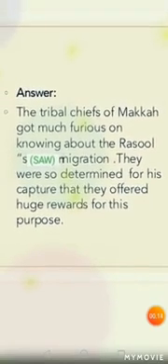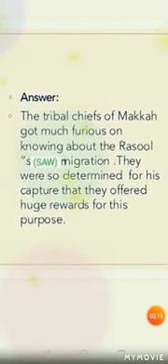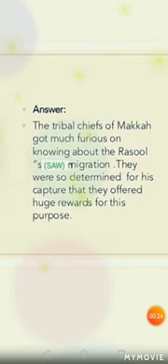Answer: the tribal chiefs of Makkah got very furious on knowing about the Rasul's sallallahu alaihi wasallam migration. They were so determined for his capture that they offered huge rewards for this purpose. The answer shows the way or the solution with which they wanted to capture both the immigrants.